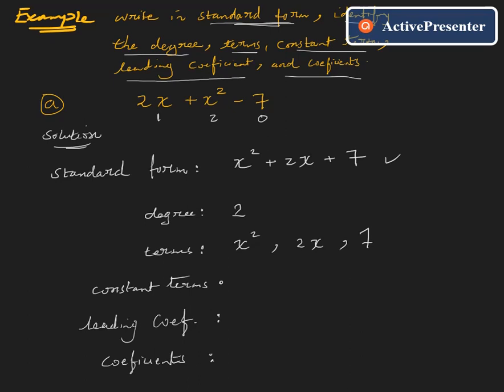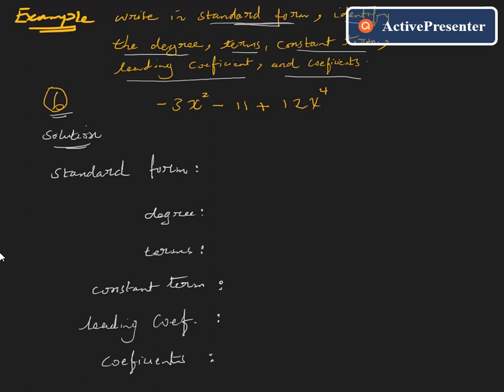We have only one constant term, so it should be term, not terms. The constant term is 7. What is the leading coefficient? The leading coefficient is 1. What are the coefficients of the polynomial? 1, 2, and 7.